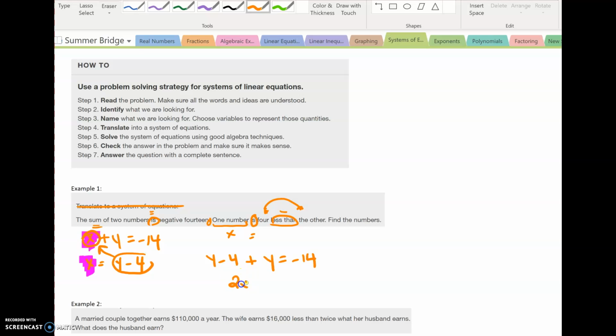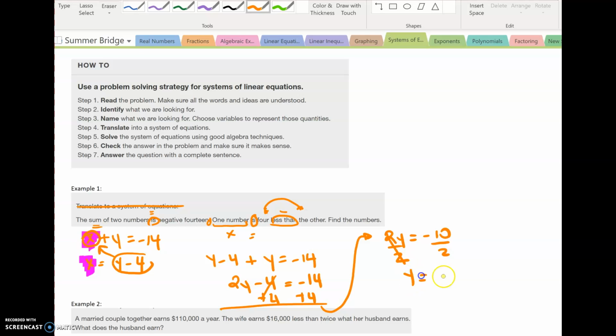I'm going to combine my like terms. Then I'm going to add 4 to both sides. So I have 2y is equal to negative 10. Divide both sides by 2. y is equal to negative 5.